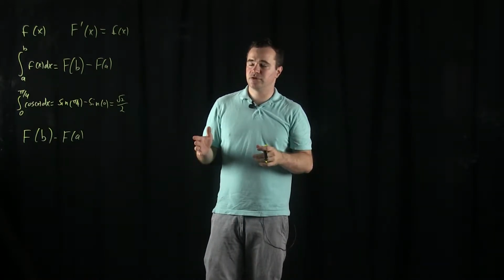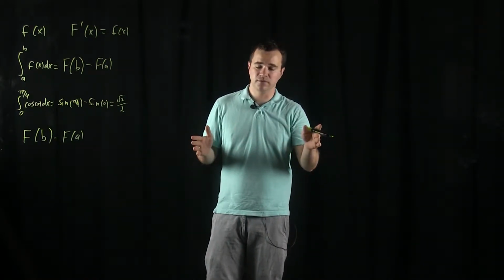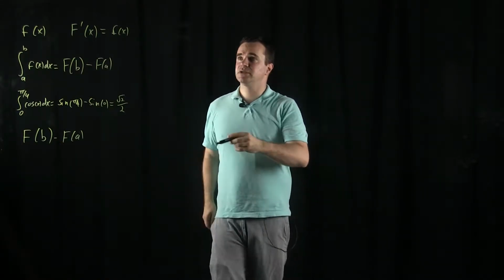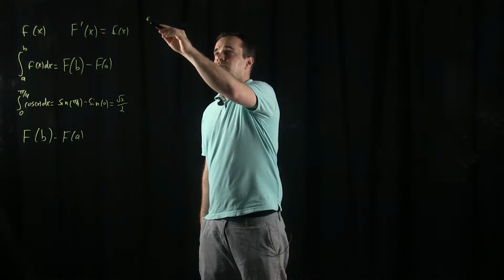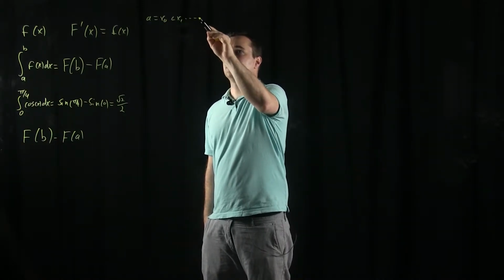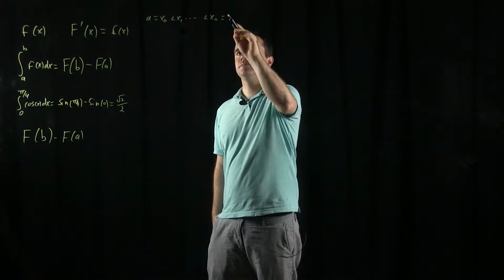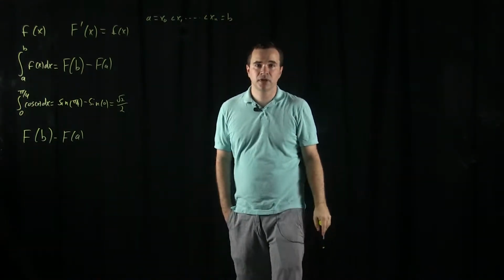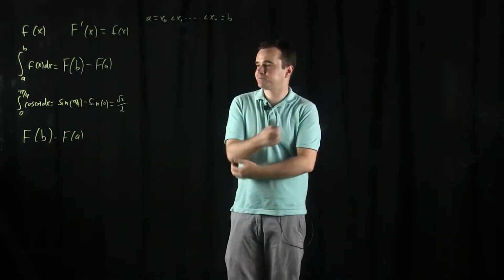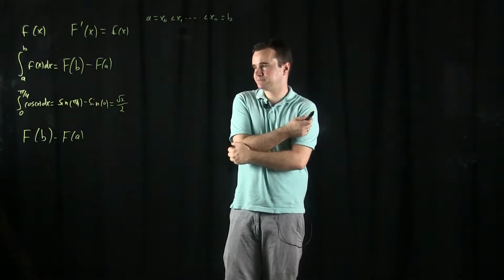In other words, the partition is just the endpoints of all the subintervals that you want to have. So say that you've picked such a partition, maybe a equals x0, and so on and so forth, all the way up to xn equals b. And here what you've got is F of xn minus F of x0.